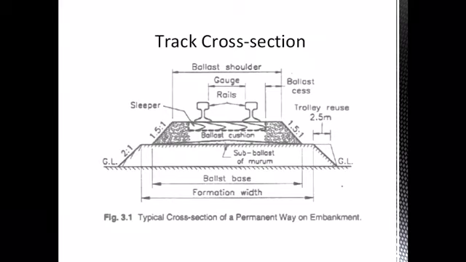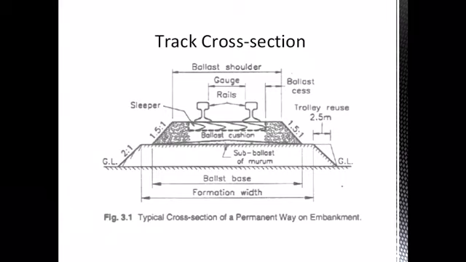First all your train loads will be taken by the rails, and through the rails that will be transferred to the sleepers, then the ballast material will take the load, and finally it will be transferred to the subgrade. That is why each and every component in the railway section has to be properly designed so that it will be able to carry the load from the railway track.